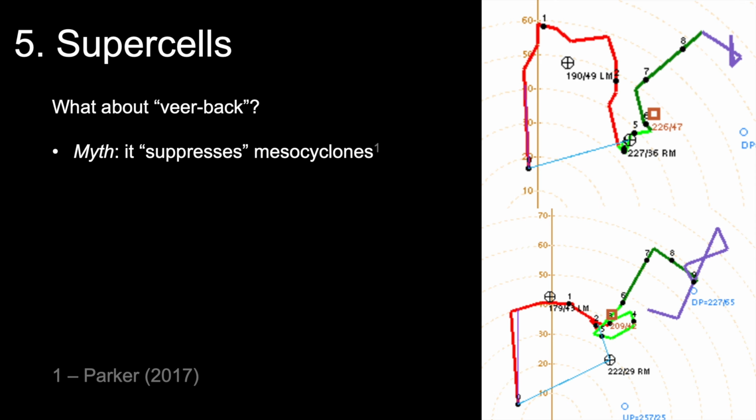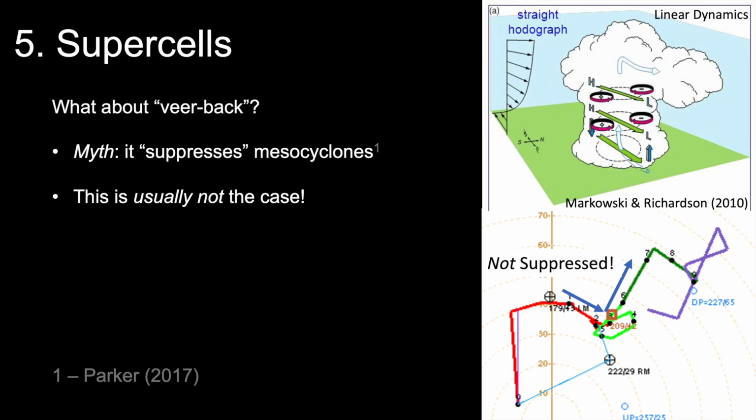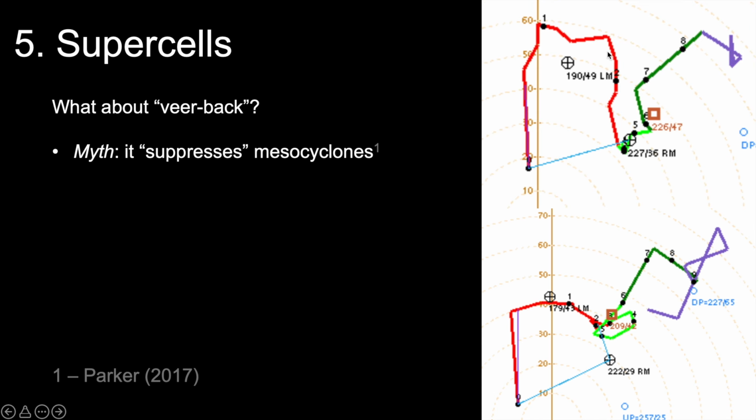So what about veer-back then? There's this prevailing myth amongst chasers and forecasters that veer-back somehow suppresses the mesocyclones of these storms. And going over these linear dynamics earlier, there is actually a way that we can get suppression from this linear dynamic term. It's mostly confined to instances where we have a shear vector that backs aloft well over 90 degrees.